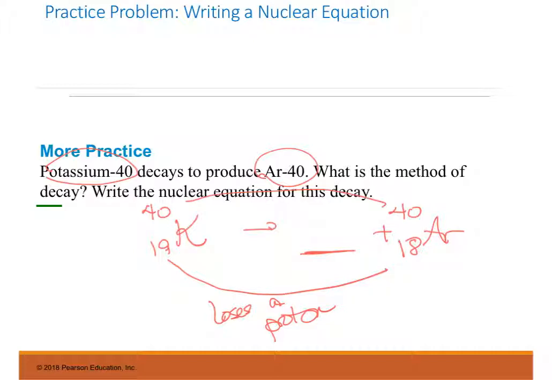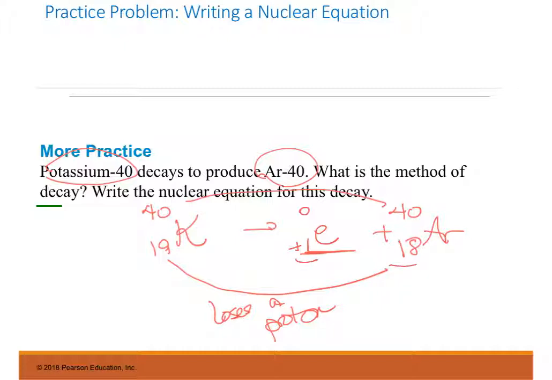If you look back at the chart summarizing the different types of decay, there could be two different types of decay going on here. You could have positron decay, which, remember, the positron is just like the electron, except it has a positive charge.